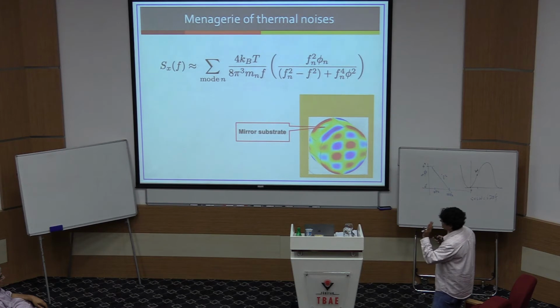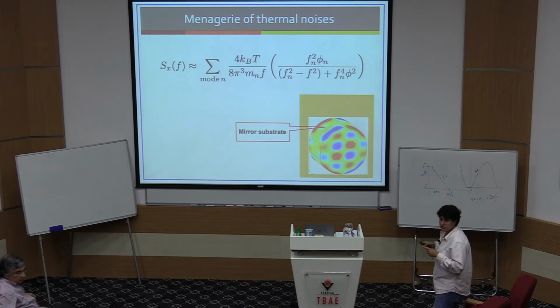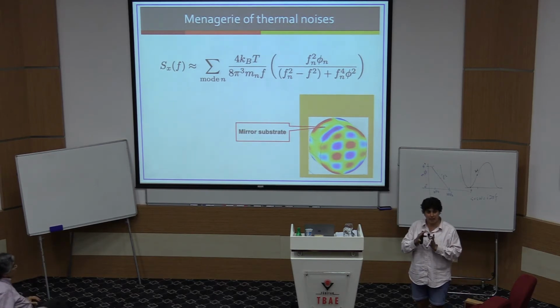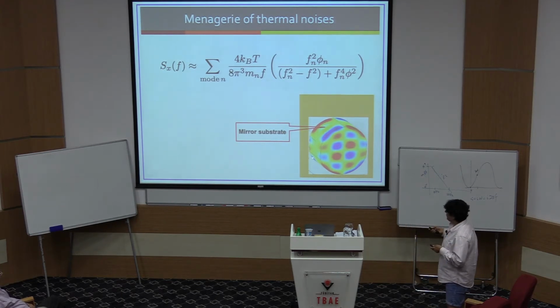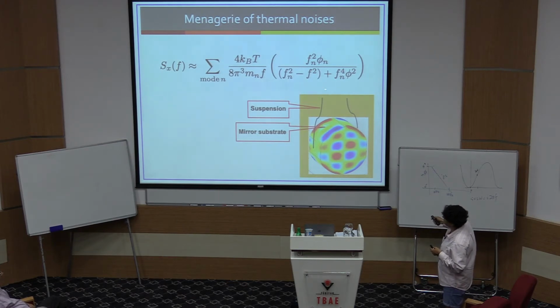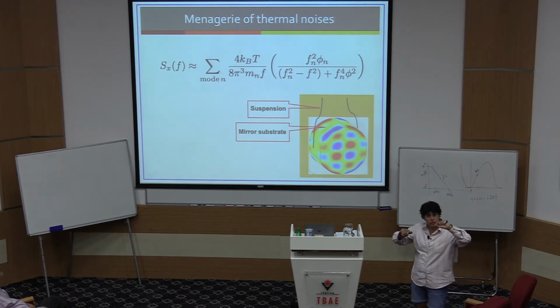So we have 3 kinds of thermal noises in gravitational wave detectors that we worry about. One is coming from the mirror substrates itself. So literally the mirror itself acting like a mechanical object with its own normal modes. And so dissipation from that. The suspension thermal noise matters. So this matters most of all where the fibers can bend, and bending is a place where you can have dissipation because you have a thermal gradient.